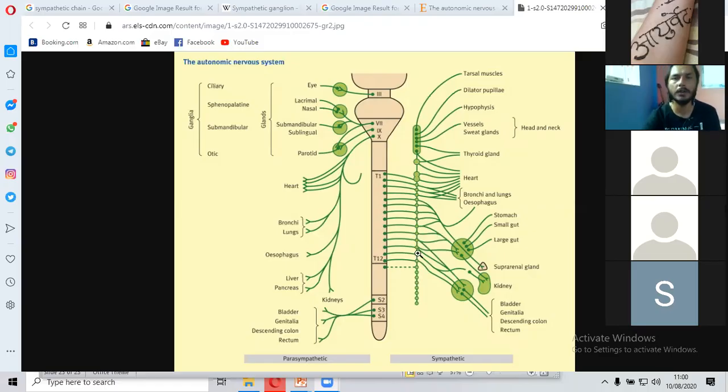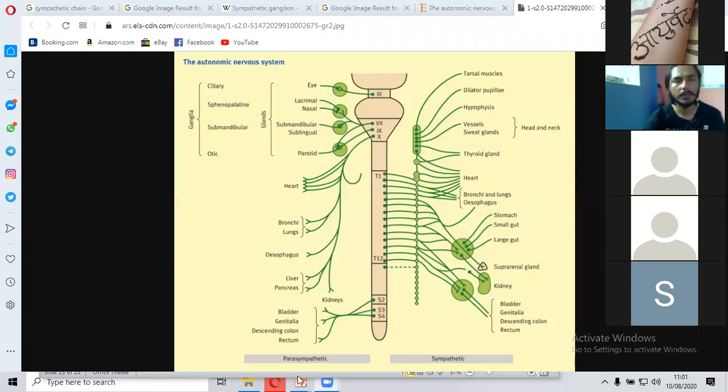After emerging from the sympathetic chain, they get the name splanchnic nerve. So the fibers come from the spinal segment, then form this chain of ganglia extending from above downward on both sides. That is the sympathetic chain.